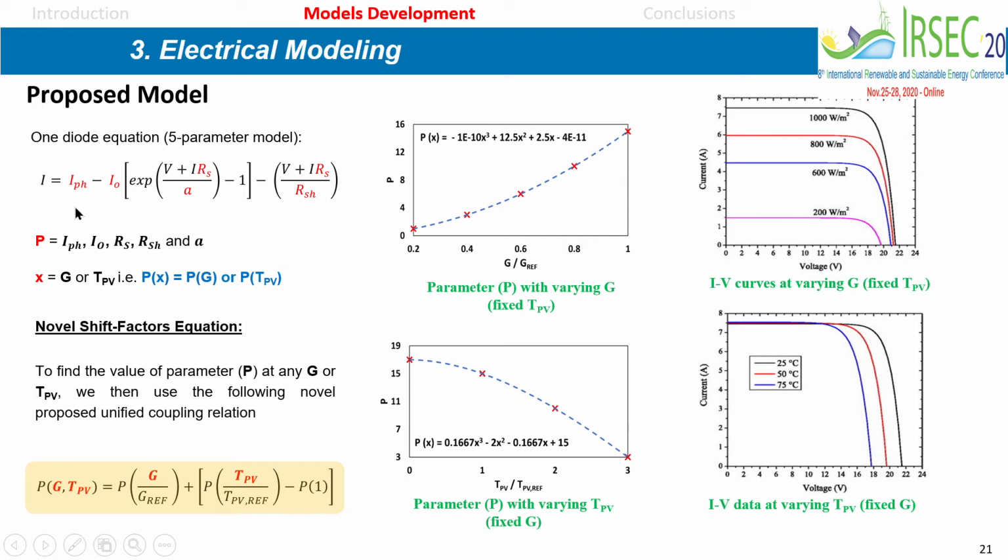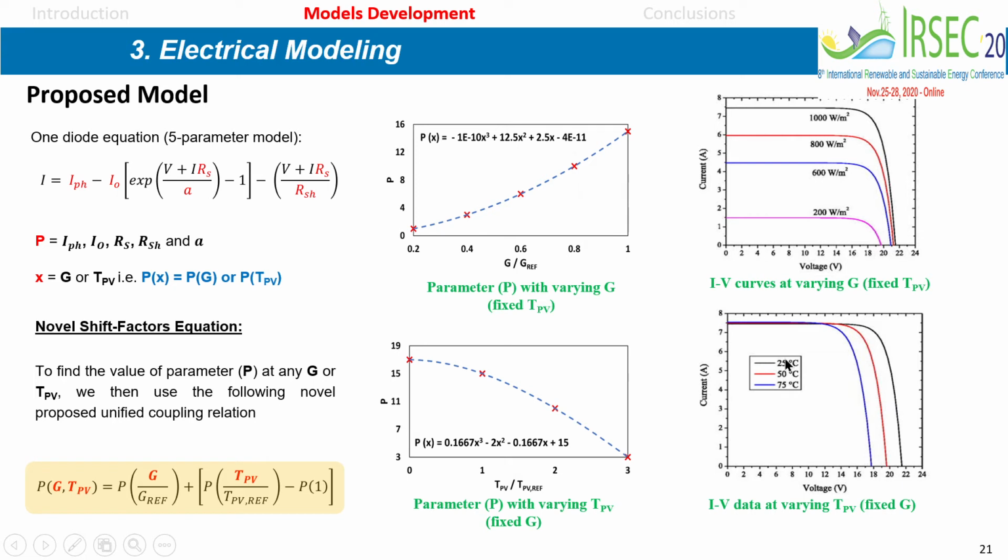Again, this is the one diode model as previously shown. For the 5 parameters, we call any parameter P, it could be any of the 5 parameters, and the variables we have are both the irradiance and the cell temperature, T_PV here. In order to develop a generalized way for shifting these 5 parameters as a function of both the irradiance and temperature, we tried to fit the results from this one diode model to several IV curves for different irradiances and different temperatures.